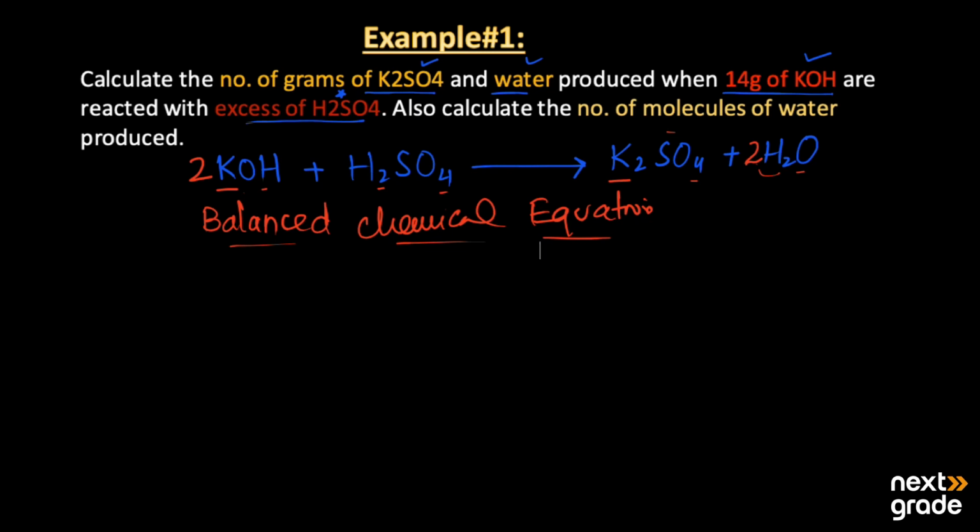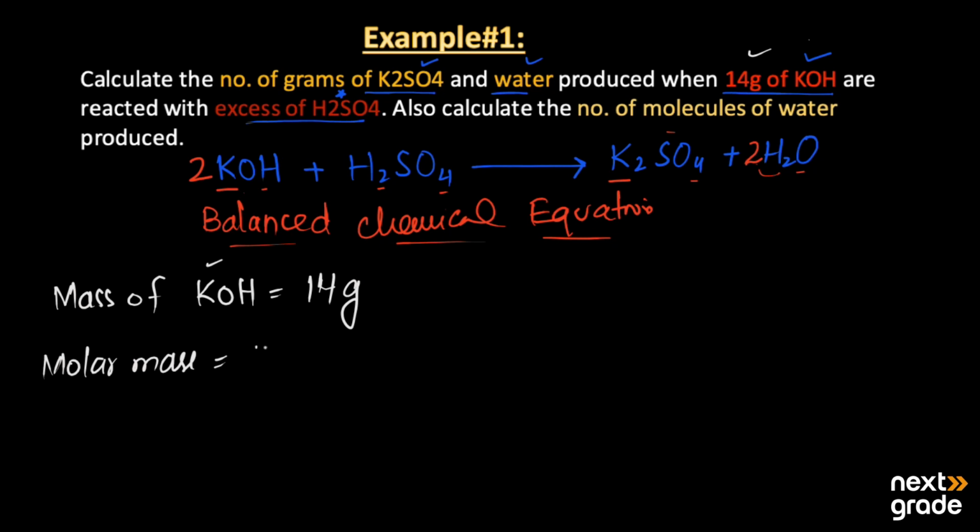First of all, we will use the grams of the reactant. Here the mass of potassium hydroxide is equal to 14 grams. Next, we will find the molar mass of potassium hydroxide.